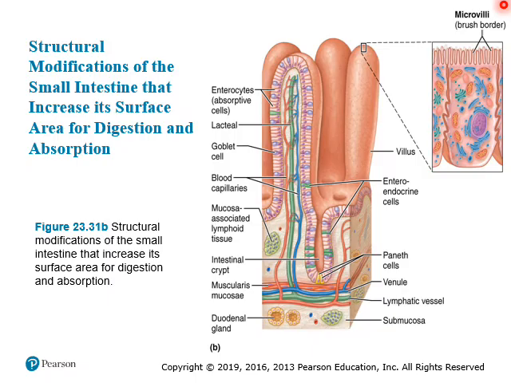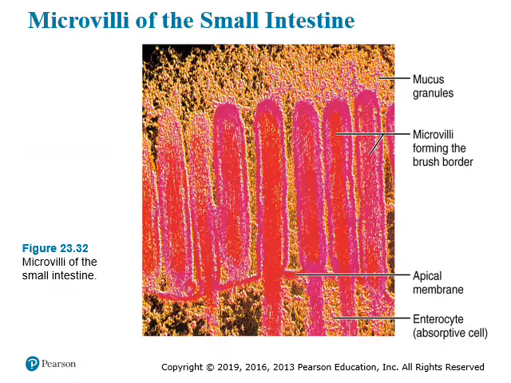The duodenal glands of the duodenum secrete alkaline mucus to neutralize the acidic chyme. The villus epithelium renews itself every 2 to 4 days, within all three segments of the intestine.